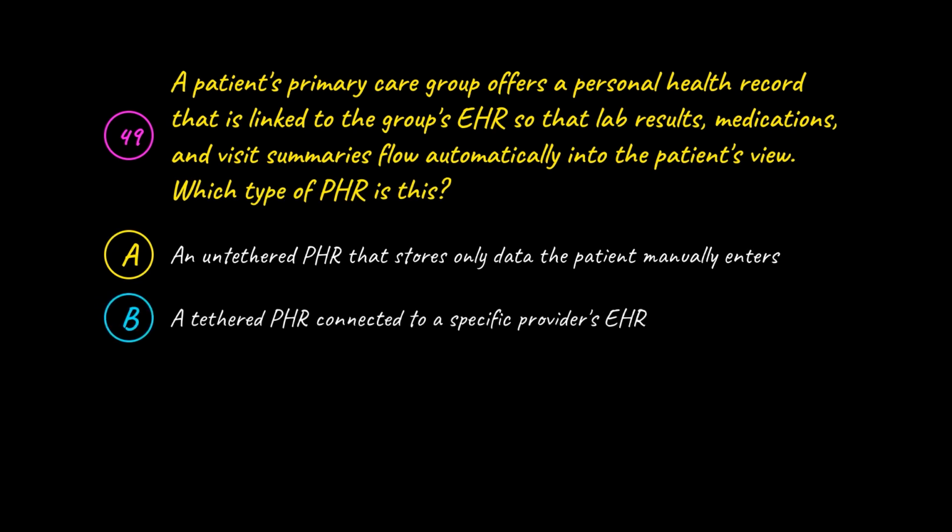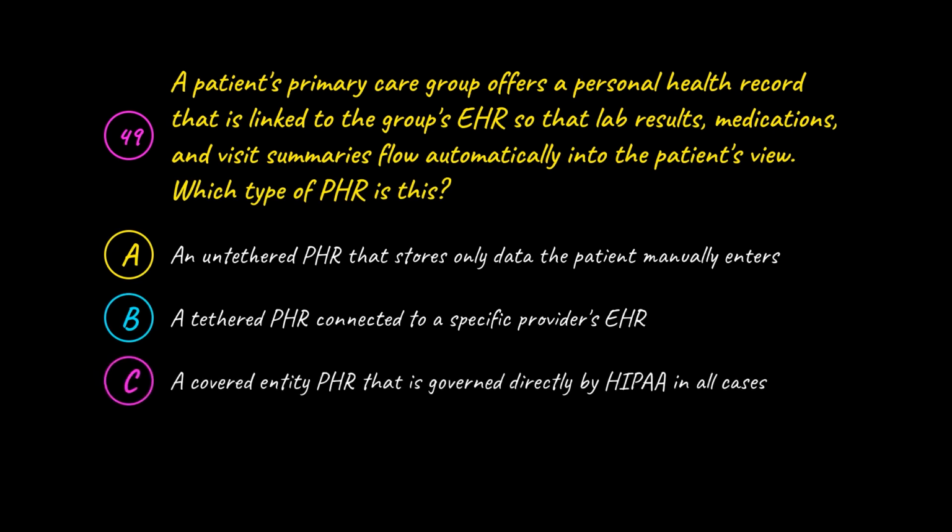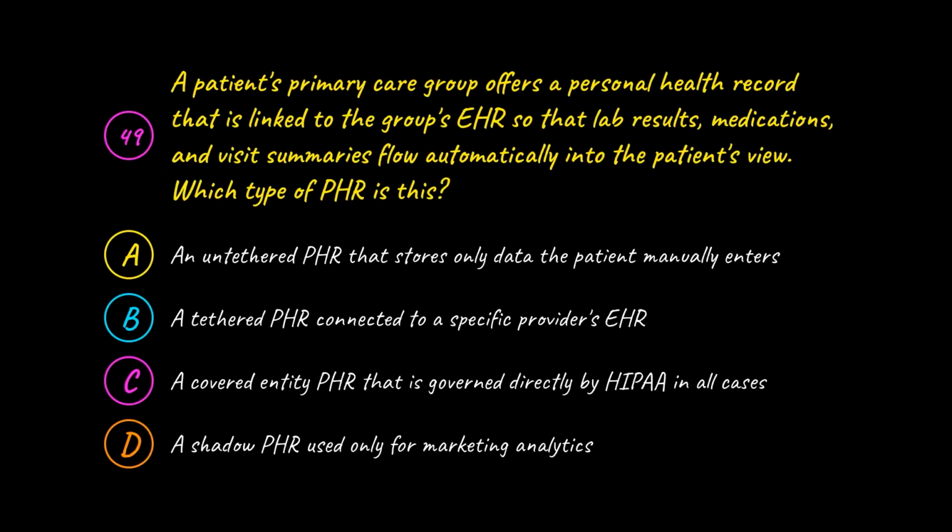B. A tethered PHR connected to a specific provider's EHR. C. A covered entity PHR that is governed directly by HIPAA in all cases. D. A shadow PHR used only for marketing analytics. Which one is it? Pause the video if you need more time.